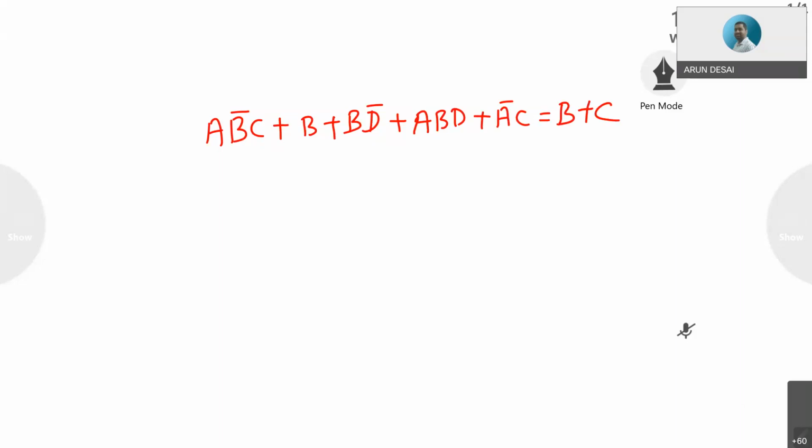Try to solve this. I'll give you 3 minutes to solve this expression.